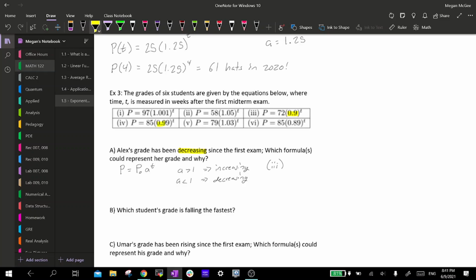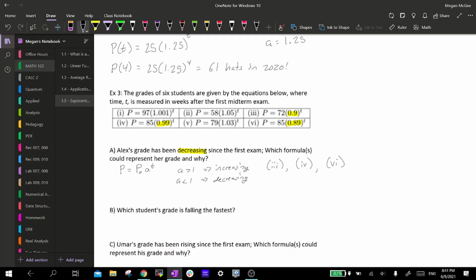Number 4 has 0.99, which is just barely less than 1, but also a contender. Number 5 has A as 1.03, so that's greater than 1. And 6 is 0.89, so 6 is also a contender.